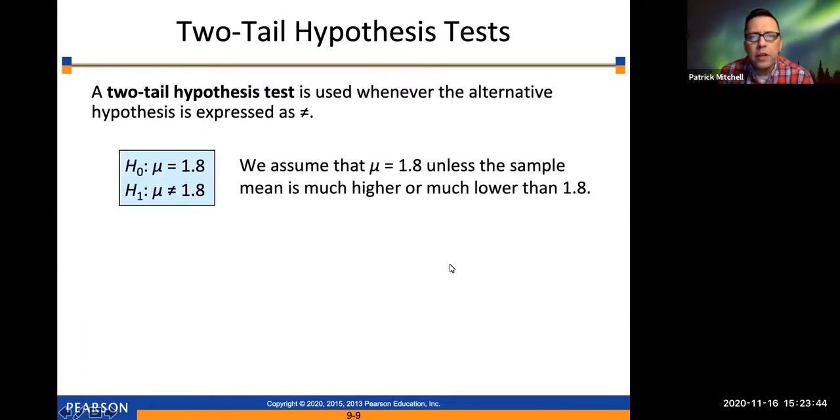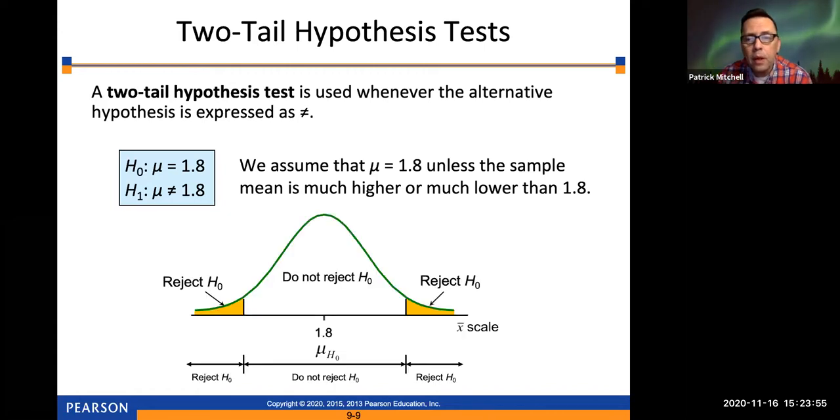All right, so in this case, we assume that mu equals 1.8 unless the sample mean is much higher or much lower than 1.8. What you see here is a picture of a normal distribution with a mean of 1.8. Under this distribution, we will identify what's called a rejection region, shaded here in orange.